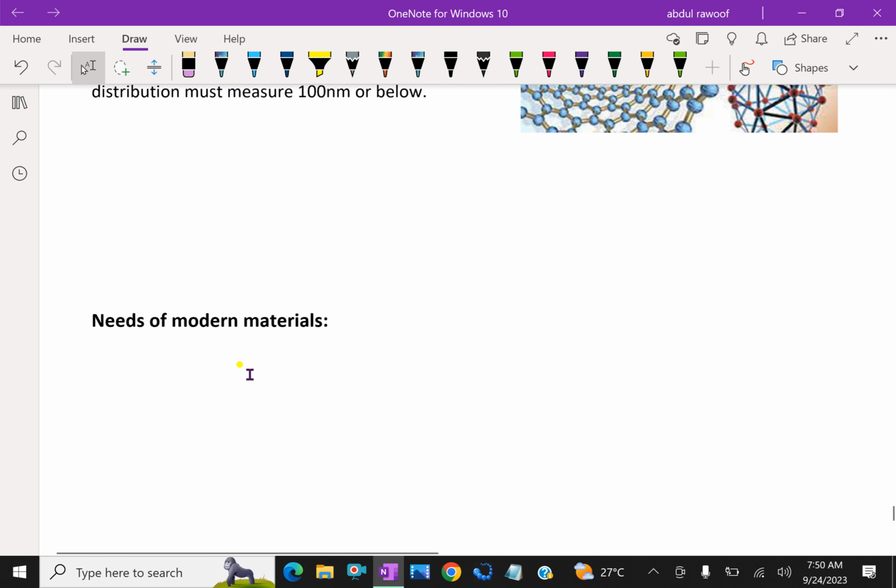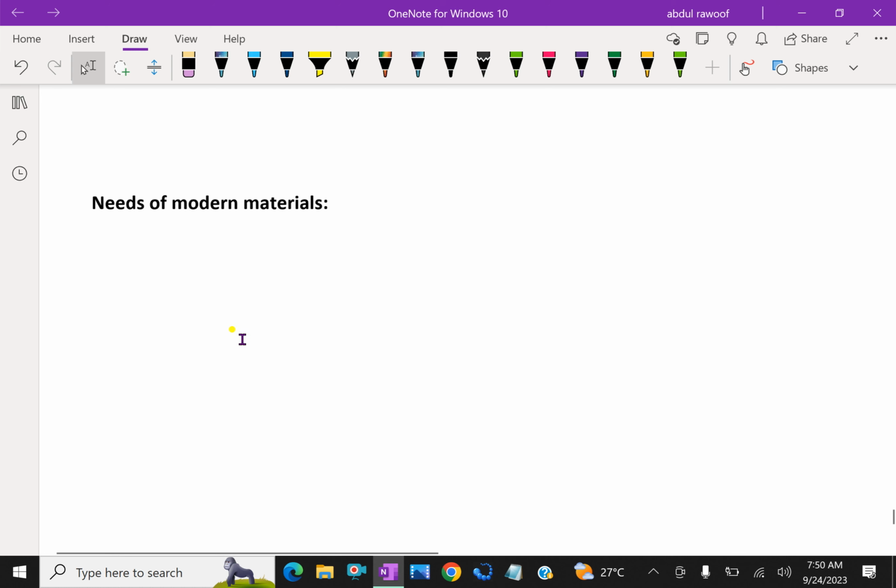Modern needs of modern material. In spite of the tremendous progress that has been made in the discipline of materials science and engineering within the past few years, technological challenges remain, including the development of even more sophisticated and specialized materials as well as consideration of the environmental impact of materials production.